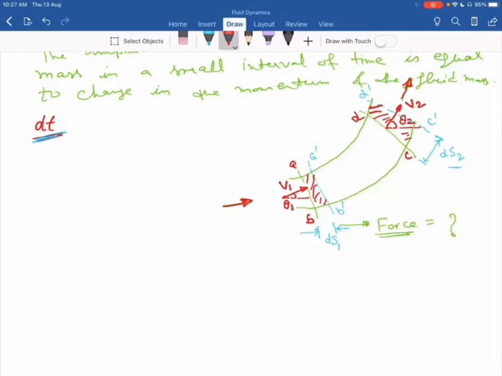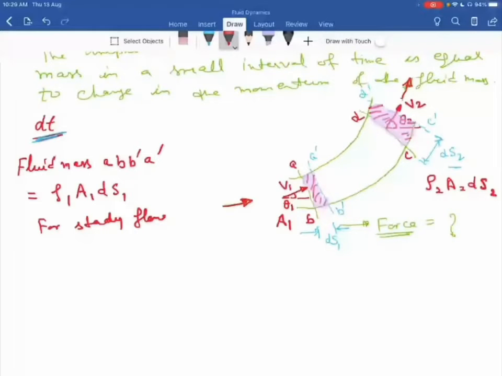What will the mass be now? Density at the entrance multiplied by volume, so the volume of ABB dash A dash. This region has come to me. How much mass will be in this region? So for steady flow through this pipe, you can write rho1 A1 ds1 is equal to rho2 A2 ds2.